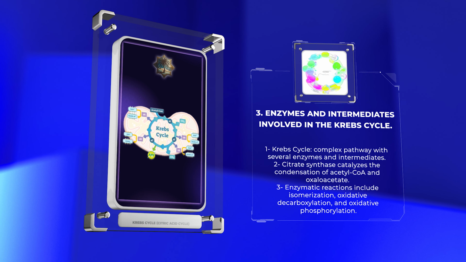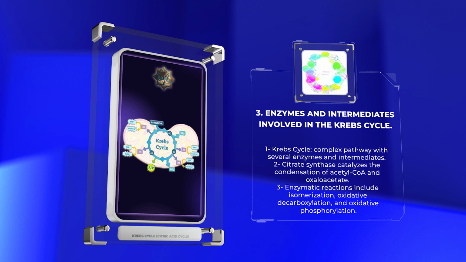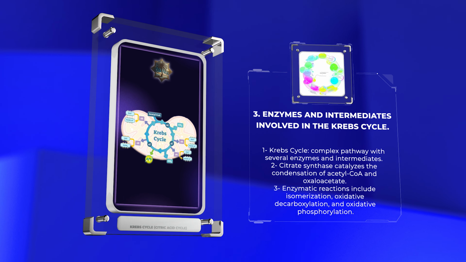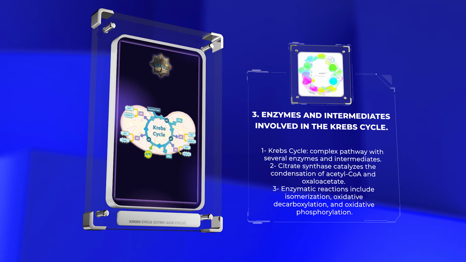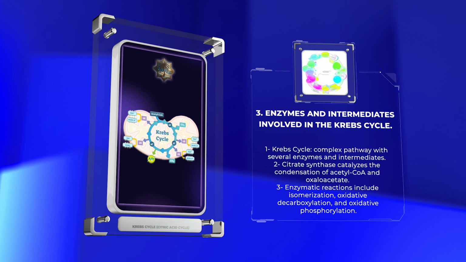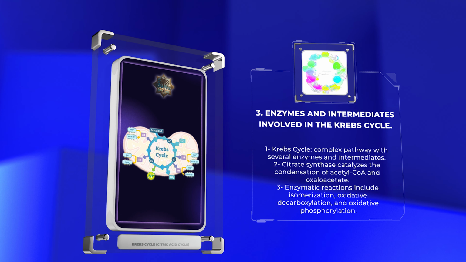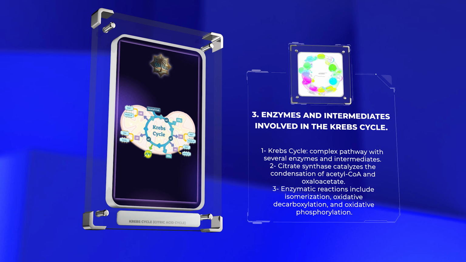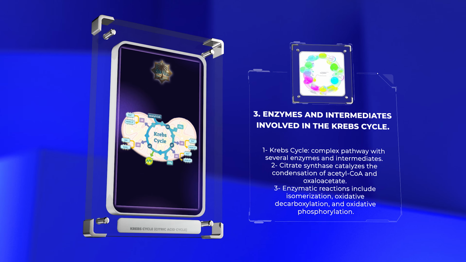Notable enzymes involved in these reactions include aconitase, isocitrate dehydrogenase, alpha-ketoglutarate dehydrogenase complex, succinyl-CoA synthetase, succinate dehydrogenase, fumarase, and malate dehydrogenase. The intermediates, such as citrate, isocitrate, alpha-ketoglutarate, succinyl-CoA, succinate, fumarate, and malate, serve as substrates or products of these enzymes, maintaining the flow of the cycle.